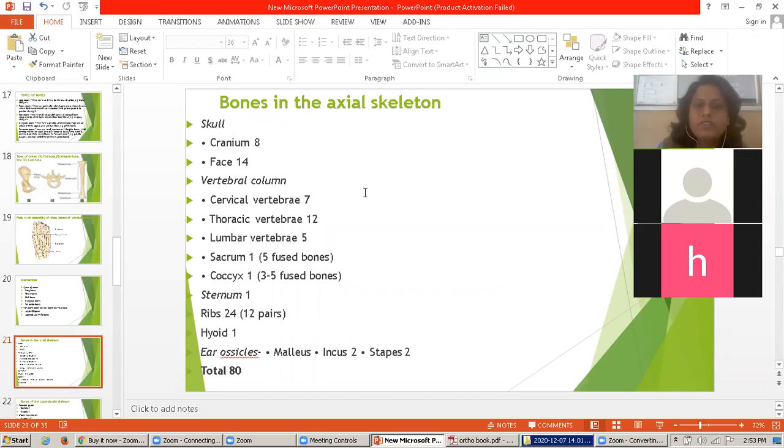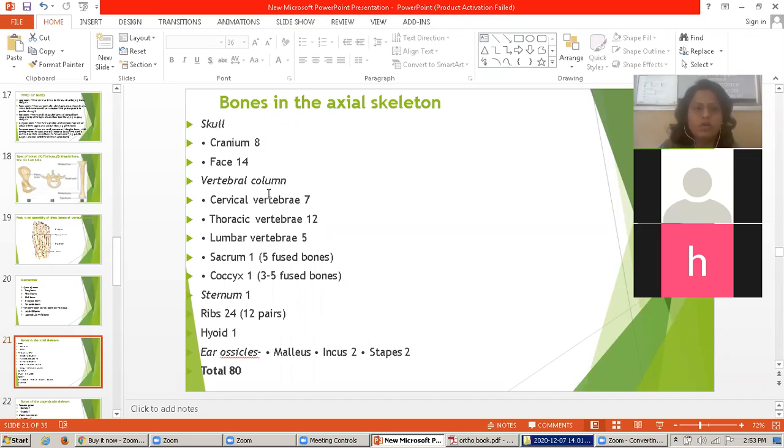So, the bones in the axial skeleton. Firstly, there is the skull. The skull contains 8 bones of the cranium and 14 bones of the face.